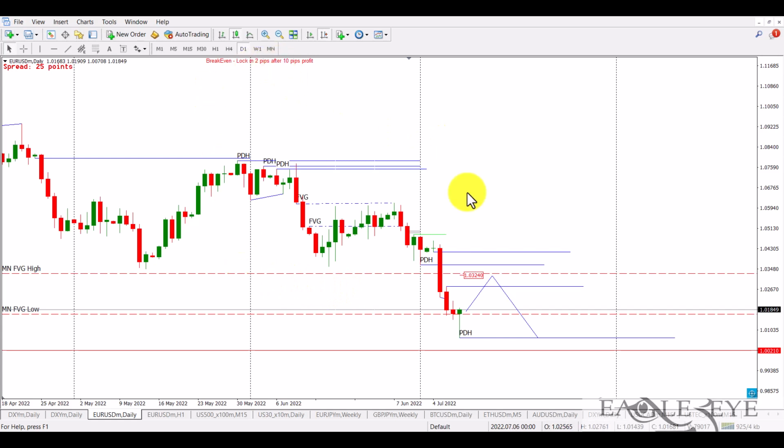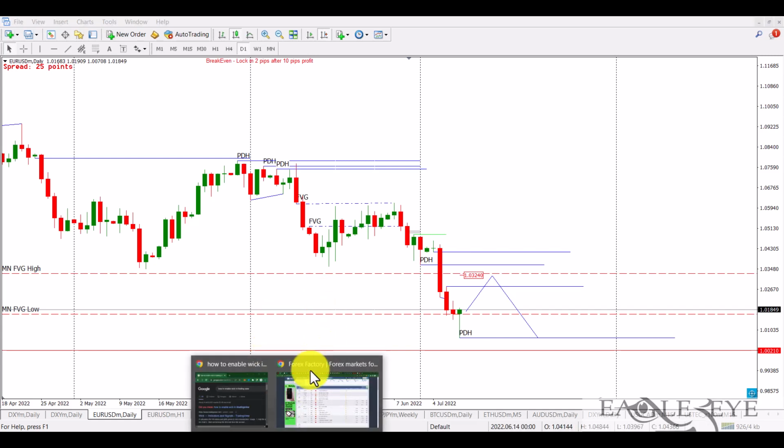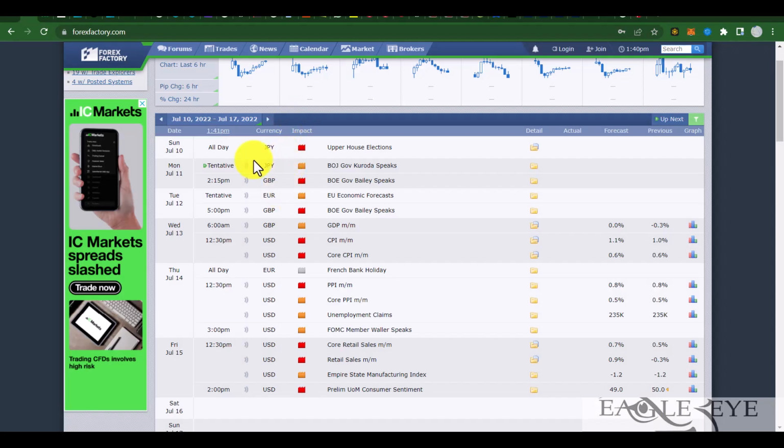For the coming week, let's take a look at the news releases we have to be aware of. On Forex Factory, on Monday there was no news affecting the dollar or the euro.